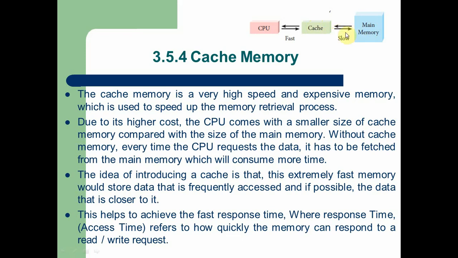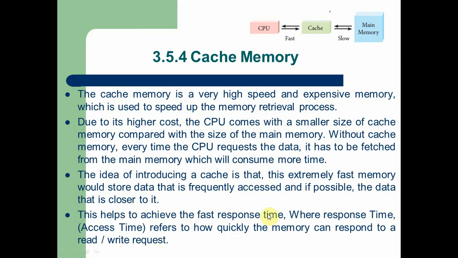So whenever the CPU completes its process, it goes to the cache memory and fetches the data required for processing. Because of its faster speed, it supports the CPU at a very fast rate. That helps the CPU to increase its speed.